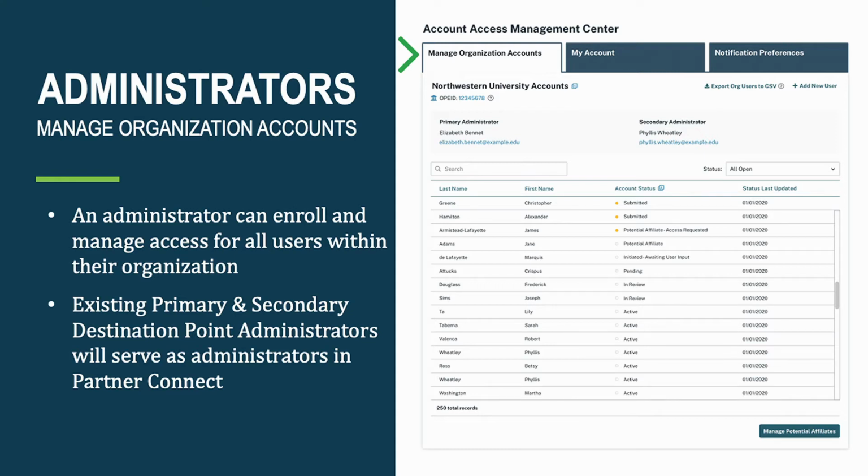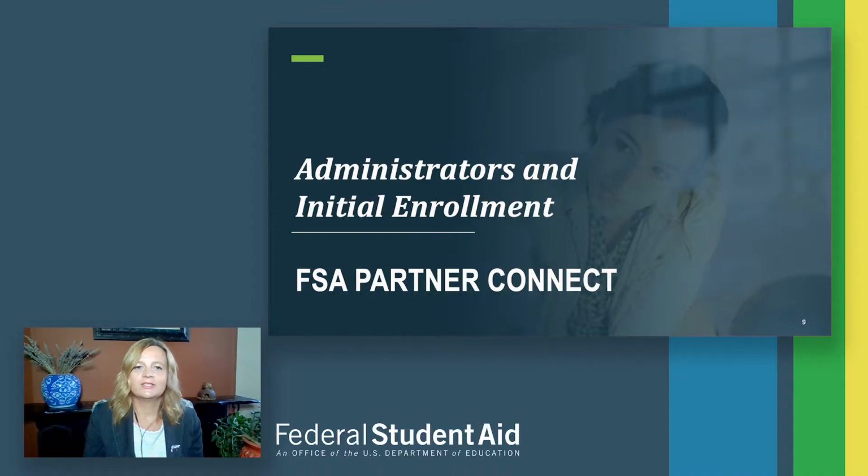To manage users' access, the administrators have to navigate to the Manage Organization Accounts tab, and from here, they will be able to initially enroll users and update account access as needed. Next, we'll talk about what primary and secondary administrators should expect during the initial launch of FSA Partner Connect.